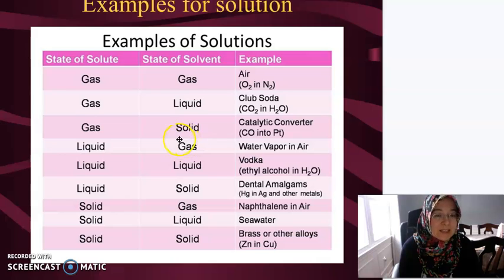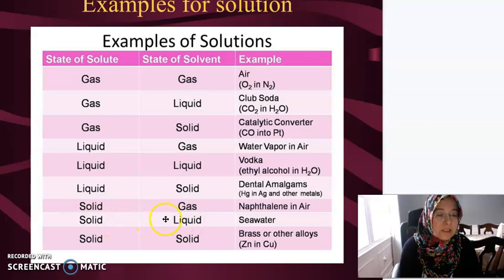You can have all sorts of these examples in nature, with different states of solute and solvent. For example, you can dissolve liquid in liquid. This is alcohol. We mix water and alcohol. Both of them are liquid. You can mix metals. You can melt metals. Both of them are solid.